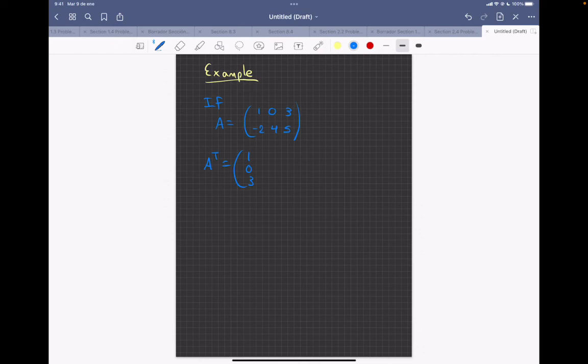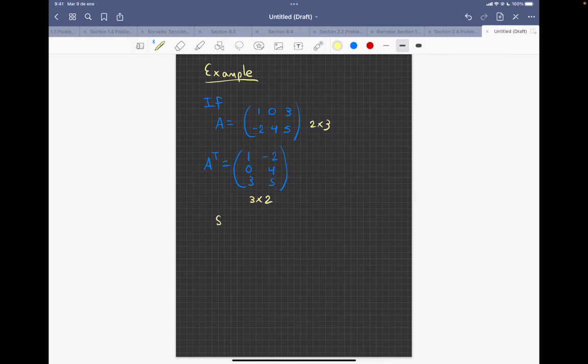And the second row is going to be the second column: negative 2, 4, and 5. Notice how the size switches. The size of this matrix is 2 by 3. The size of the transpose is 3 by 2.